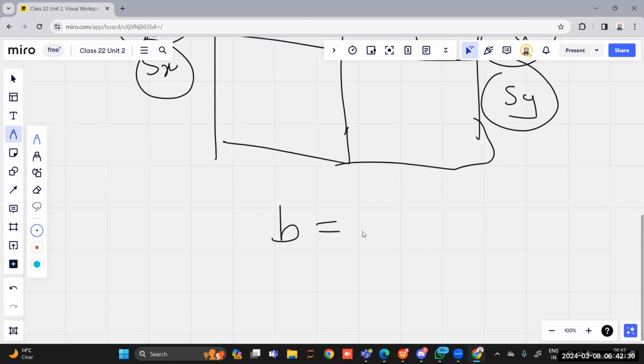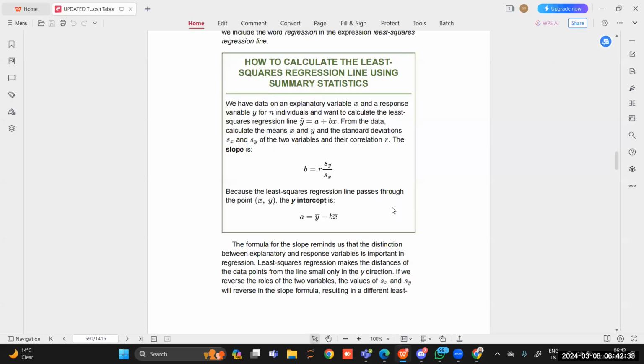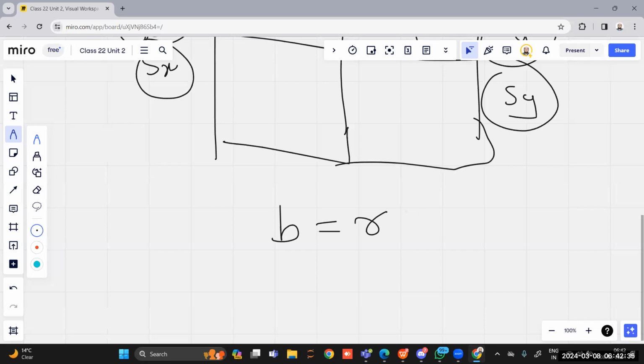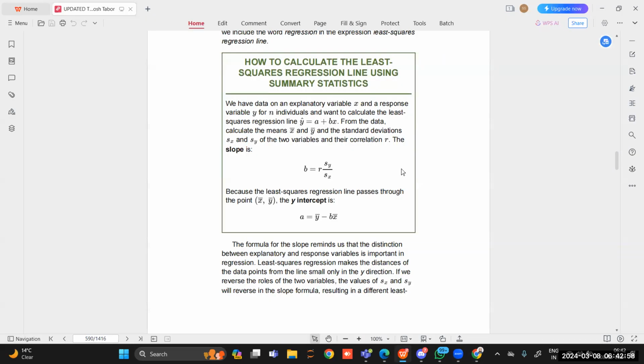So what does the formula become after this? The formula is generally b equals r into sy upon sx. Okay, so that's the formula. This will change depending on which is the explanatory variable and which is the response variable, because of the least square regression slope.